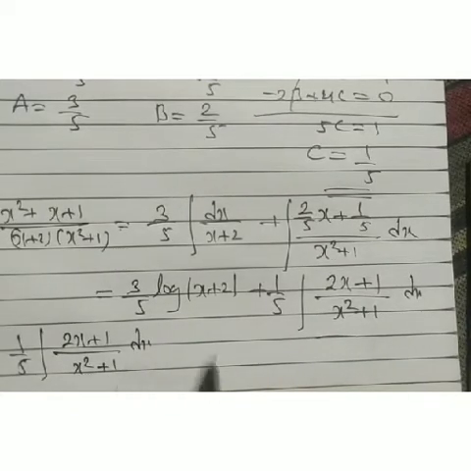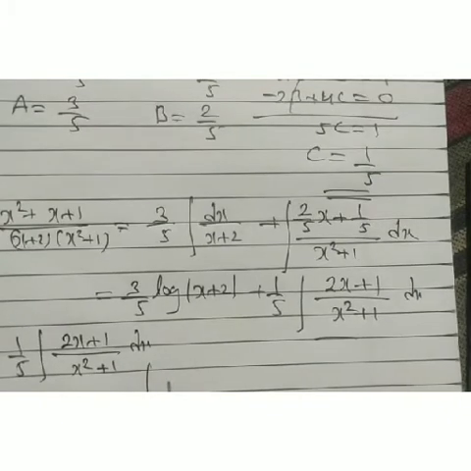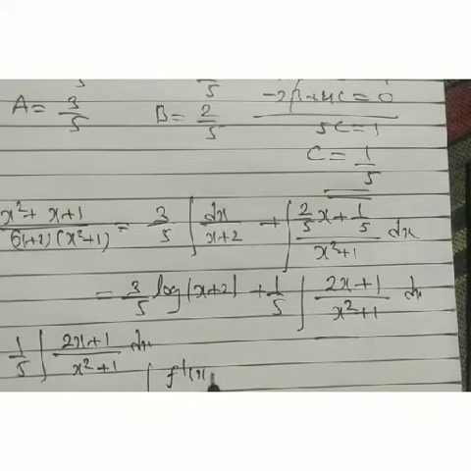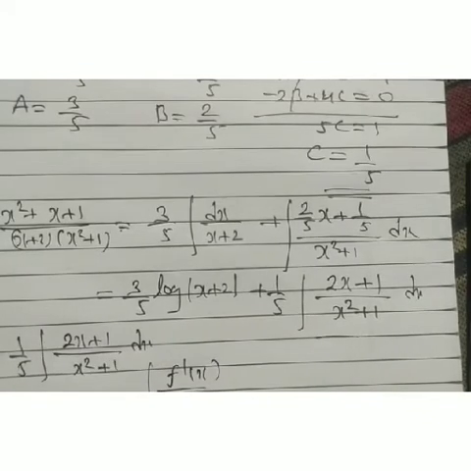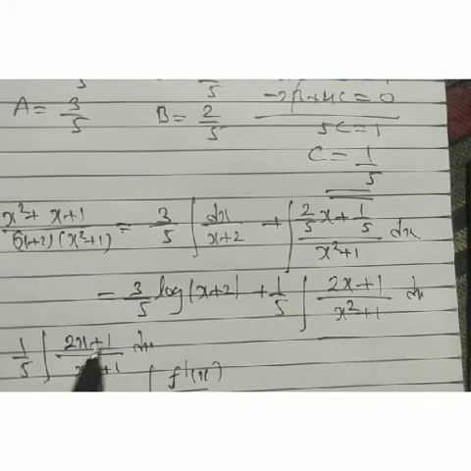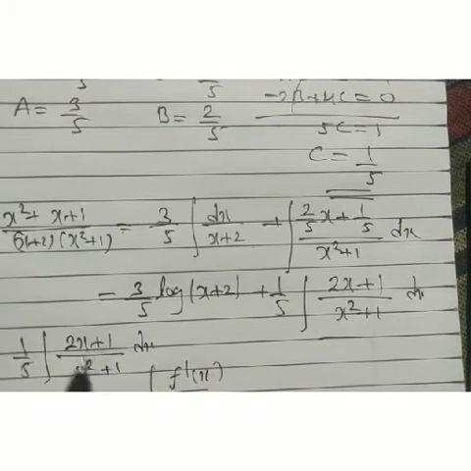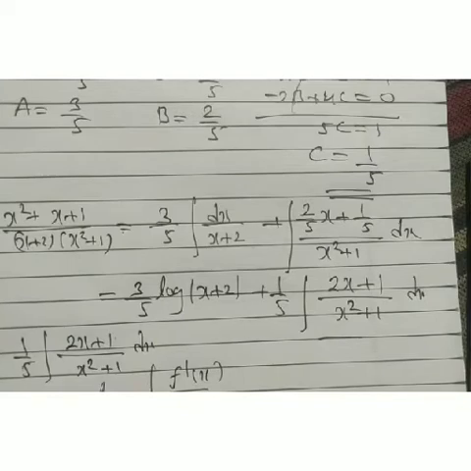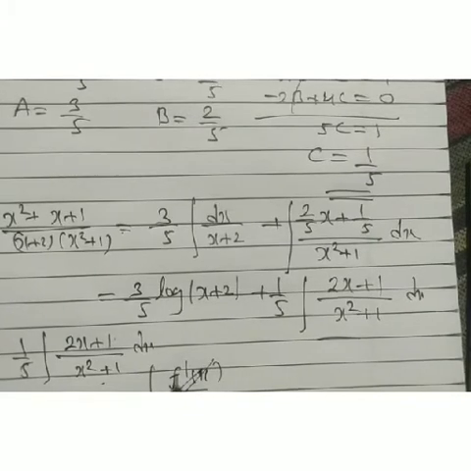Look, I'm again telling you the technique. If the function is of the type f dash x upon f x, but here with x square plus 1 and 2x plus 1 we don't get that form, then it is difficult to use this technique.